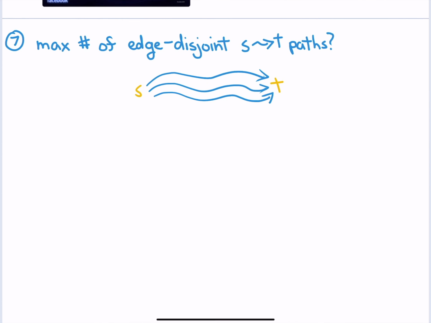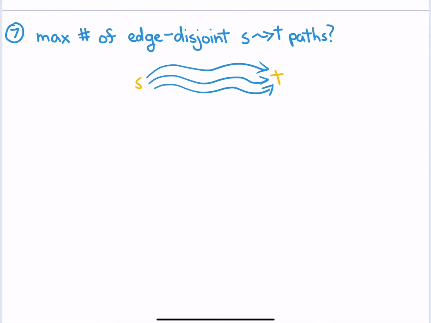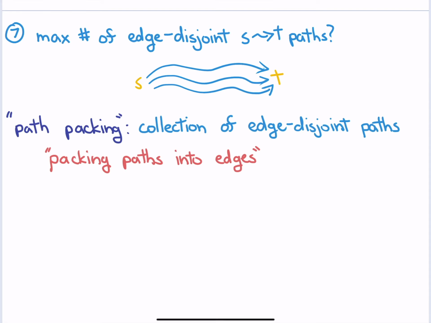So this question, the maximum number of edge disjoint paths. What is the maximum number of paths? I'm going to formulate this as a packing problem. Packing problems in general refer to problems where you're trying to take a lot of something, but you're facing some kind of size constraint where you can't take everything.